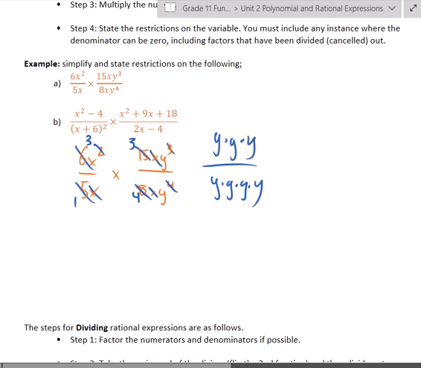These three will cancel, these three will cancel, leaving a single y in the denominator. So you can either leave it as y to the power -1, or you can leave it as an exponent of 1 in the denominator. This is one step a little bit further, because then we don't have to deal with converting a negative exponent to its reciprocal.